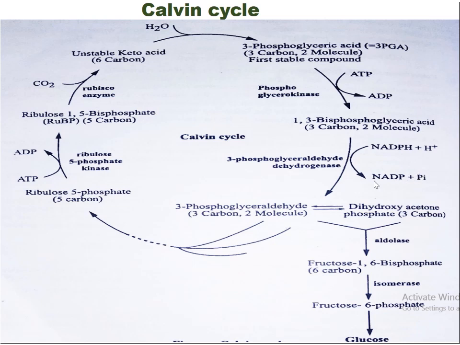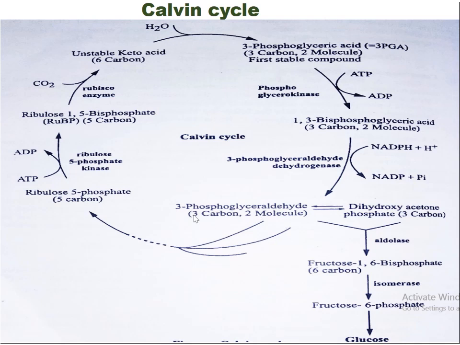Another important thing: see here, there are two phosphates. 1,3-bisphosphoglycerate. Bis means 2. That means it has 2 phosphates. So one phosphate is at the carbon 1 position and another phosphate is at the carbon 3 position.